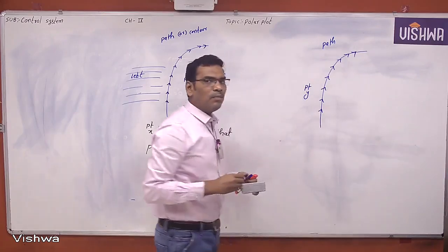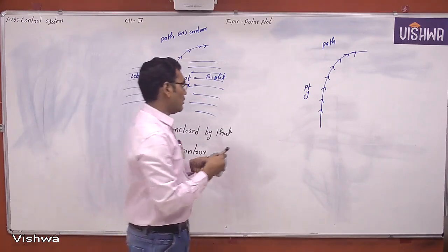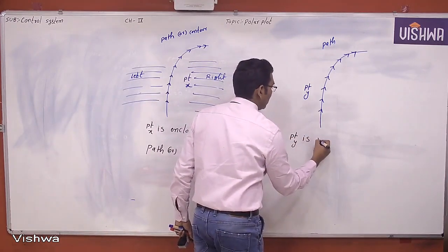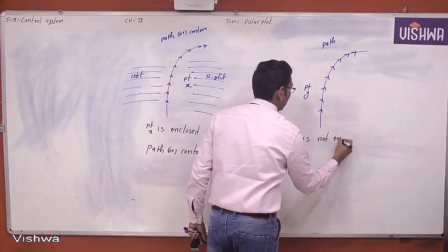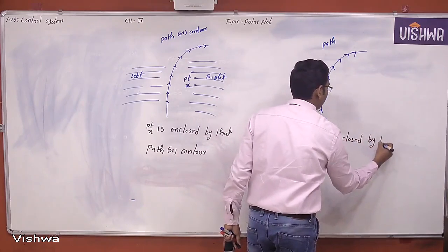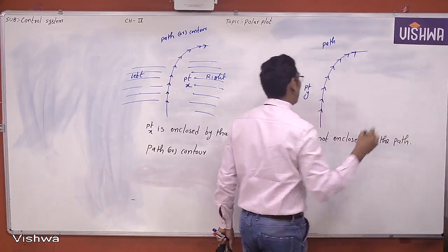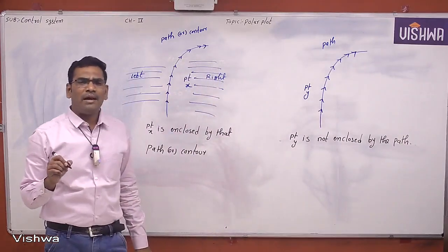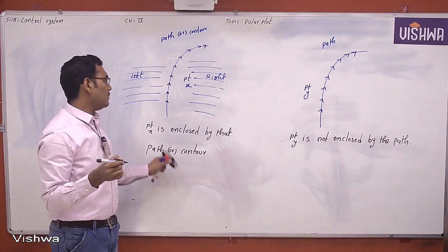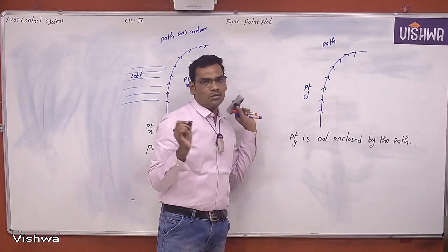Therefore, if any point lies on the right hand side, it is enclosed, otherwise not enclosed. Therefore, now the point y is not enclosed by the path. Point y is not enclosed by the path. If any point lies on the right hand side of a path, then that particular point is said to be enclosed, otherwise not enclosed. Understand or not?